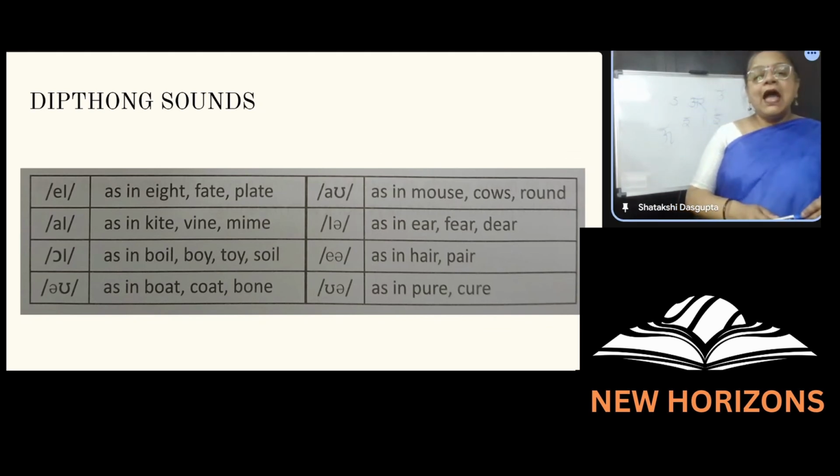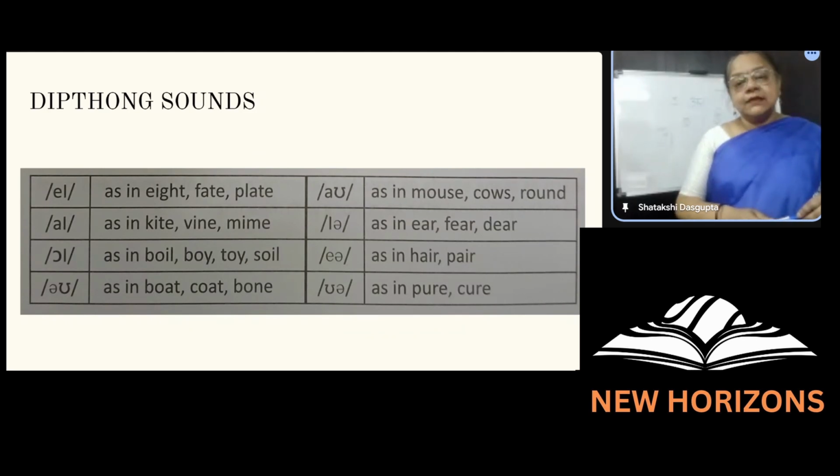The next one, ow: mouse, cows, round. The next, I followed by an inverted E: ear, fear, deer.